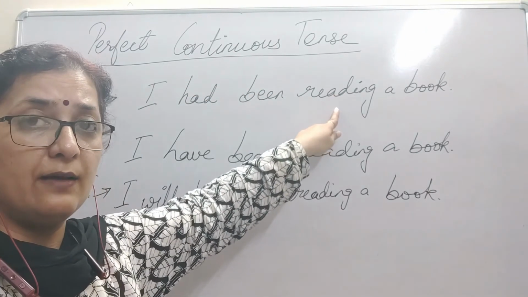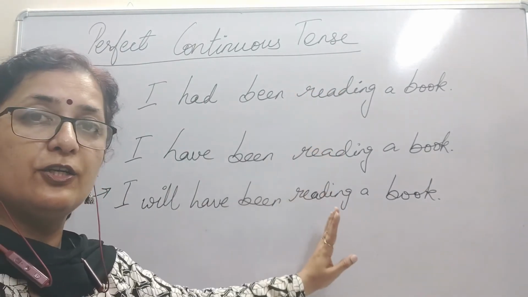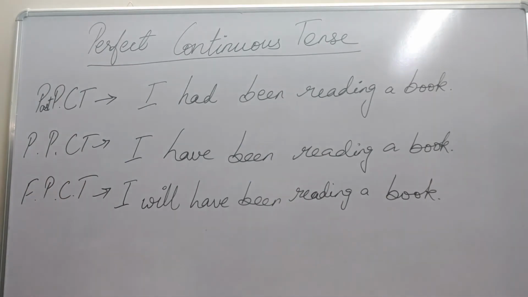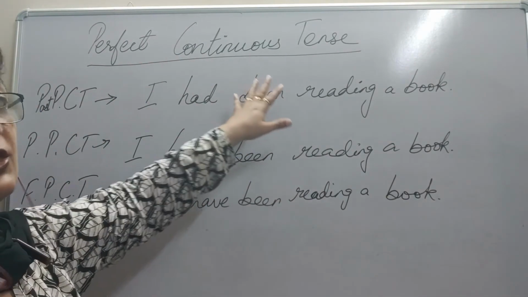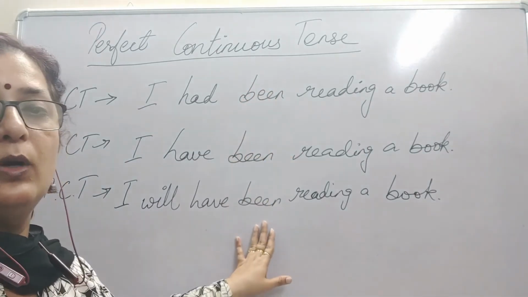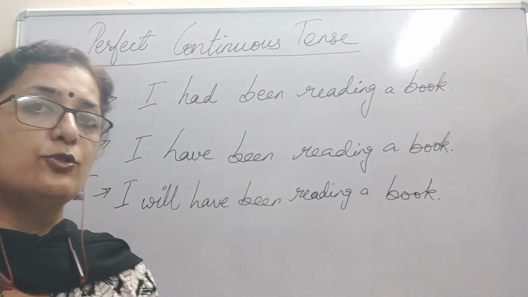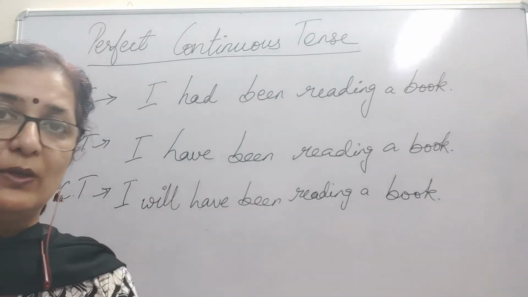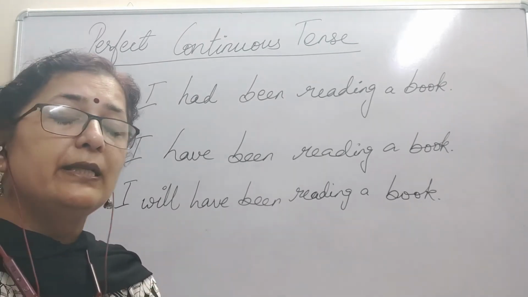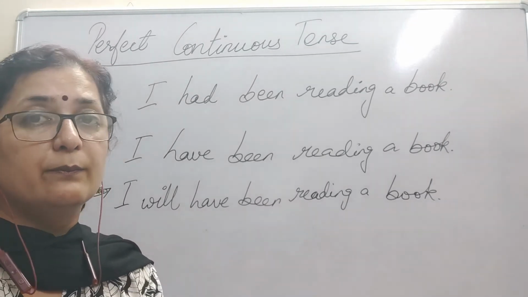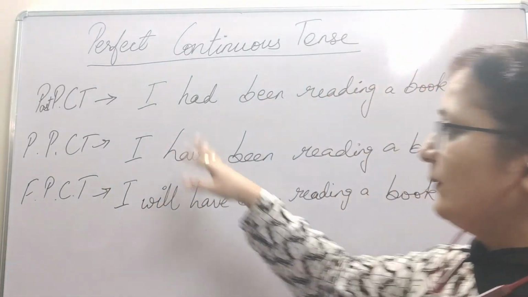Read is our verb, and everywhere it's with an ing. It's in the continuous form in all three sentences. Now we want to show past perfect continuous form. The second helping verb, which is been, is always used with this kind of tense when we need to show something which was continuing in the past but has completed, that action is finished. Then we mention this with the helping verb there.